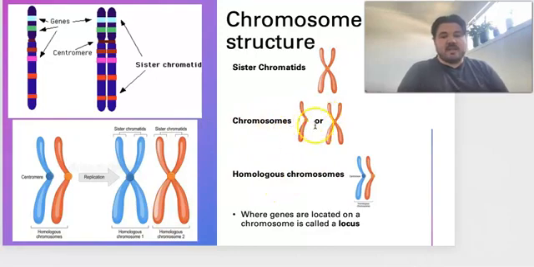Another thing we can look at here is if we have it in an X like this, just like it says here, where it's two of the same color, so two maternal chromosomes connected together, the exact same, we would call that a chromosome. And if they were to separate into an individual strand like this here, we could call this a chromosome because it is now separated from this structure.